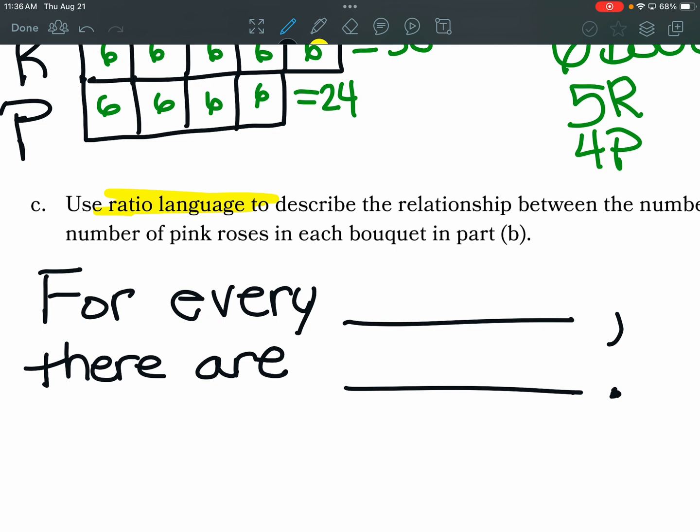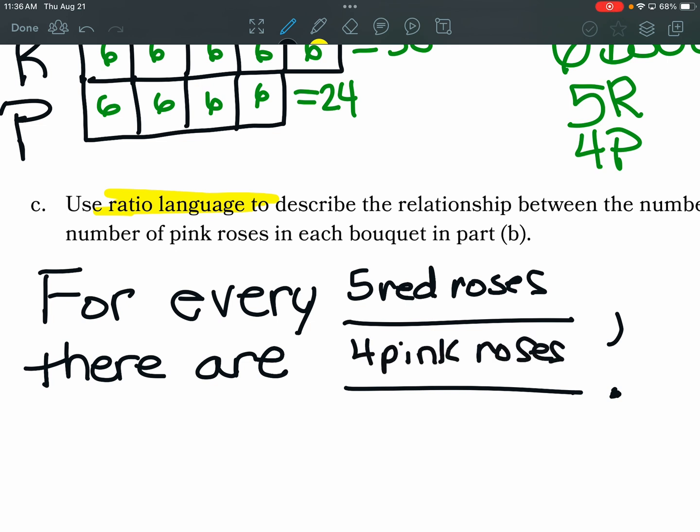Yesterday I would say for every 3 apples there are 4 bananas. But today for every 5 red roses there are 4 pink roses. Those 2 lines are filled in with whatever your ratio is comparing. The for every and there are stays the same every time. Well, sometimes it says there is.